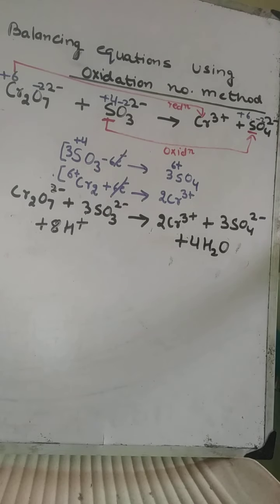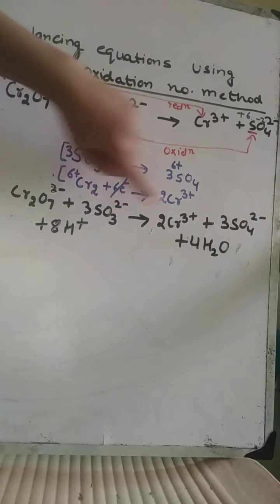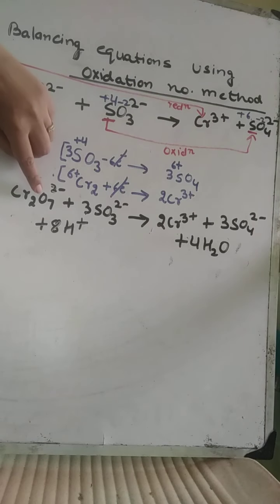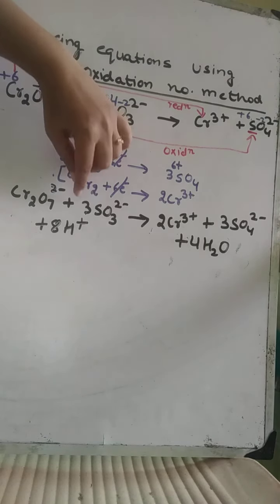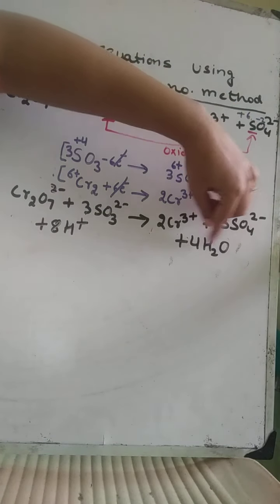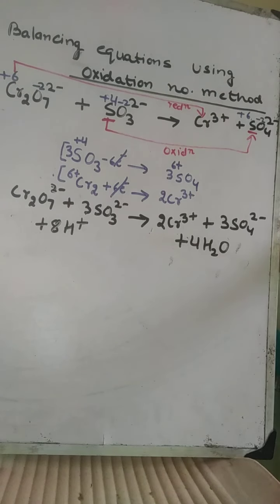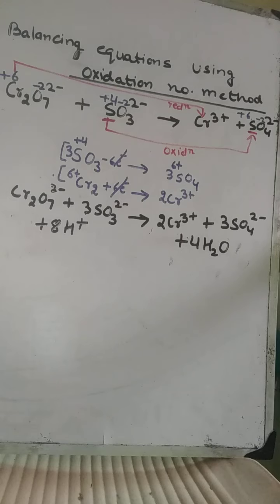Now you can check that this equation is balanced by charge and it is also balanced according to the number of each and every atom. 2 chromium, 2 chromium, 3 sulfur, 3 sulfur, 7 plus 6, 13 oxygens on this side, 7 plus 9, 16 oxygens on this side, 12 plus 4 oxygen, 16 is on this side, same way 8 H here, 8 H here. So this is the balanced chemical equation.